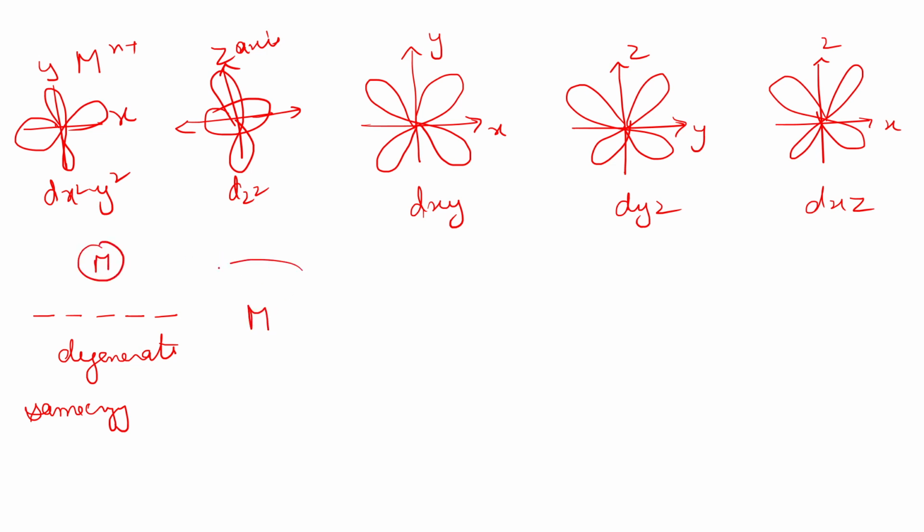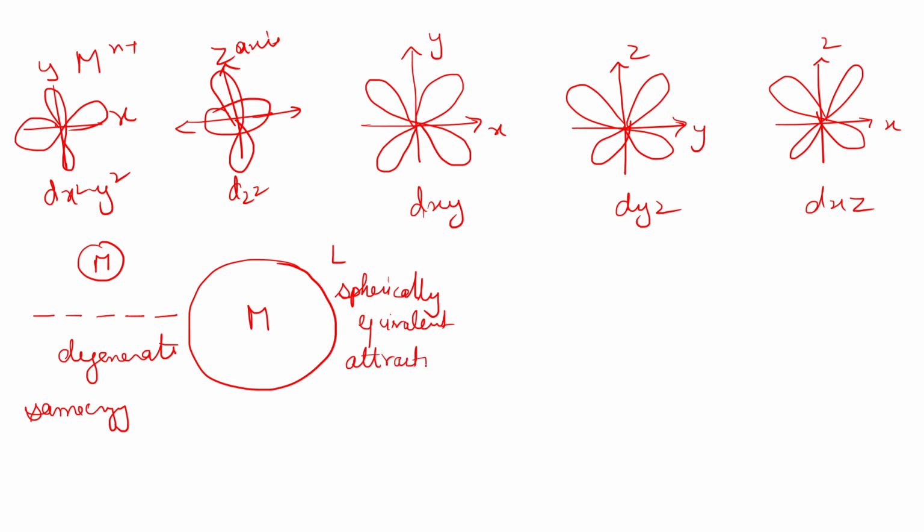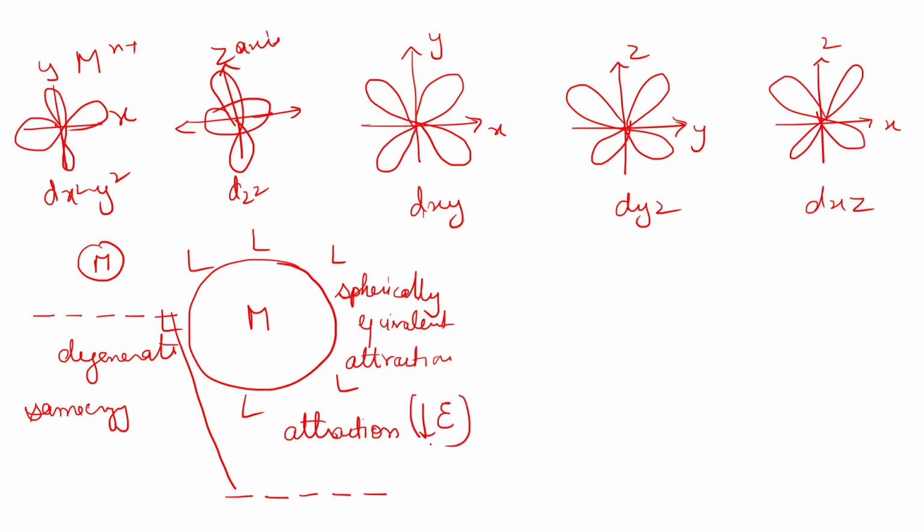But when the ligand comes in with spherically equivalent attraction from all the directions, that means there is enough distance that there is equal attraction between the metal and the ligand from all directions. Then the energy of the d orbitals is reduced. Attraction means energy will decrease.